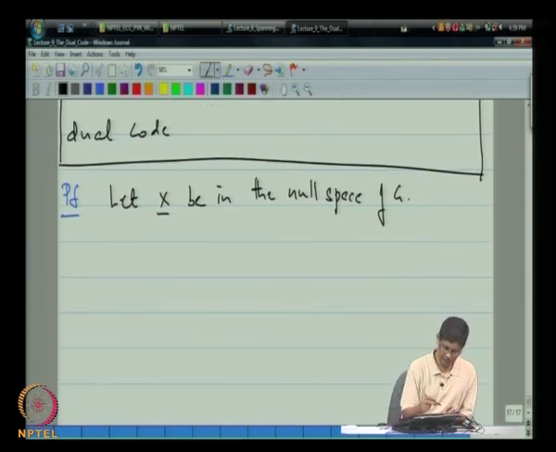Okay. So, perhaps it is worth making a note for those who are not familiar with the terminology of a null space.